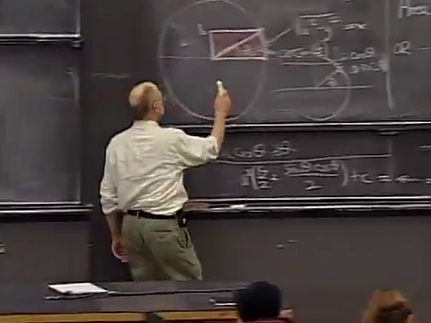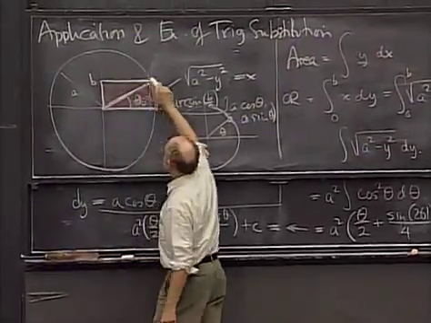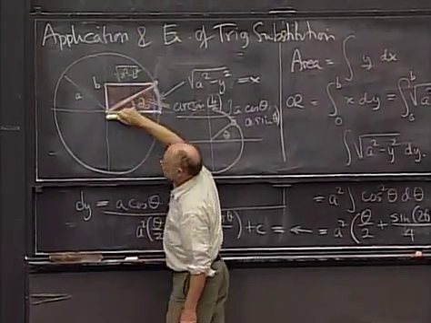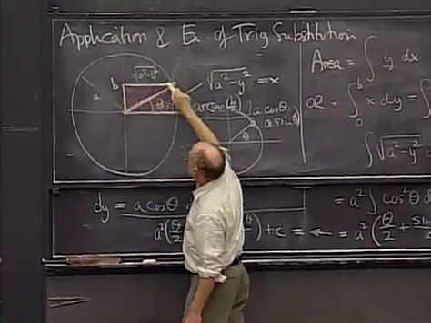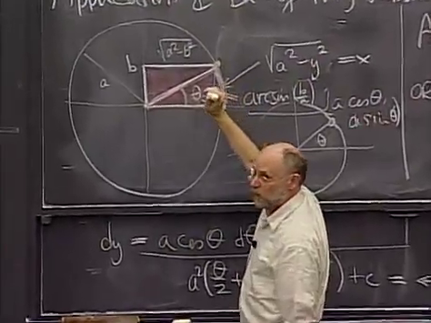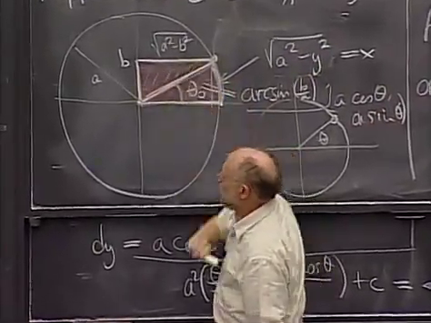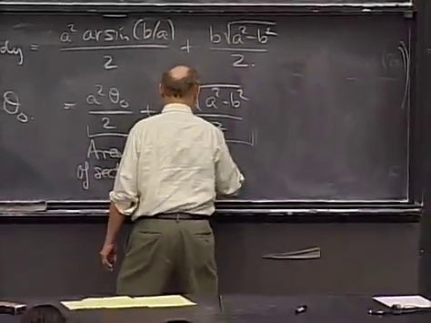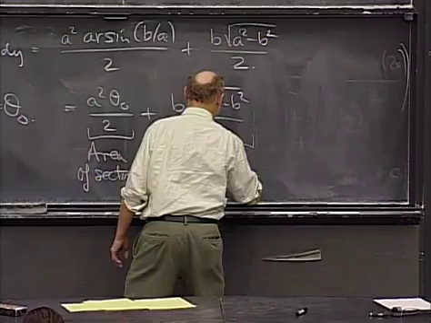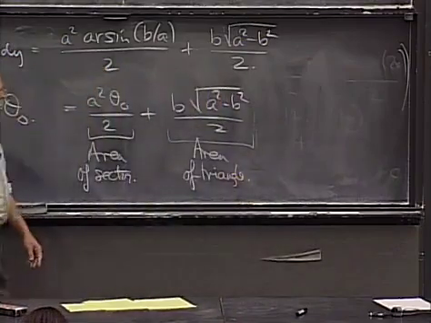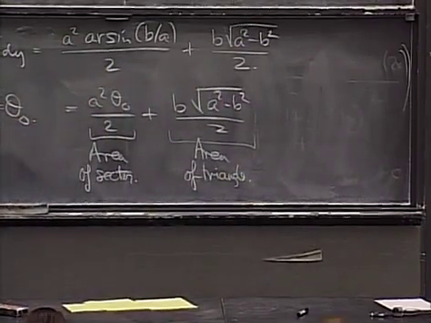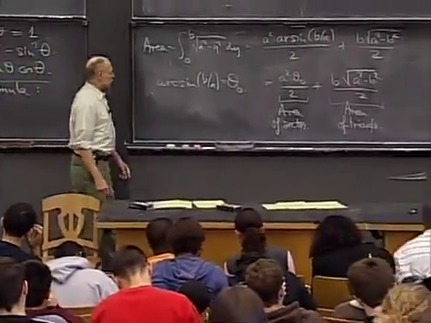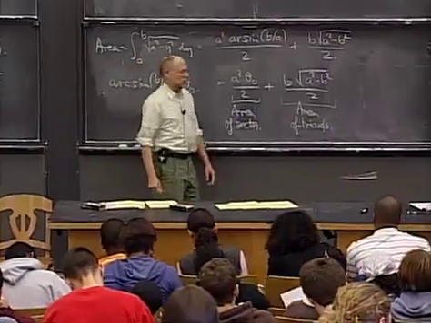The square root of a squared minus b squared is this distance. So the right-hand term is b times the square root of a squared minus b squared divided by 2. That's the area of that triangle. So using a little bit of geometry gives you the same answer as all of this elaborate calculus. Maybe that's enough cause for celebration for us to quit for today.